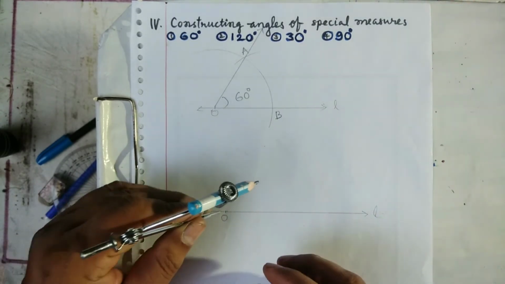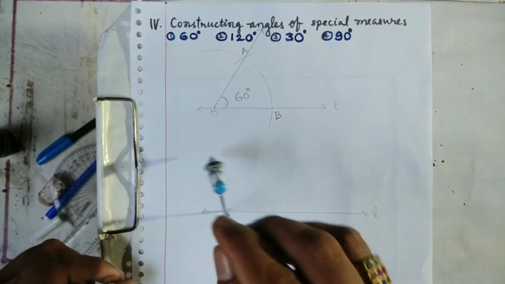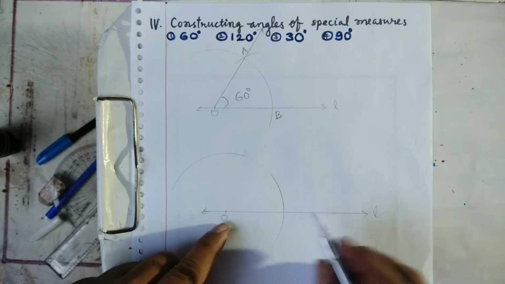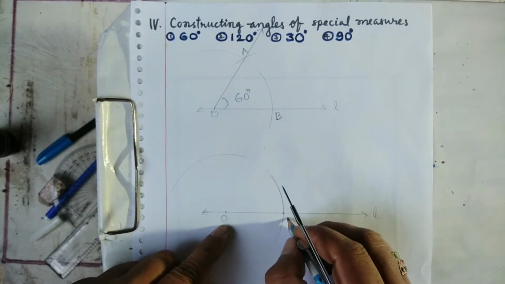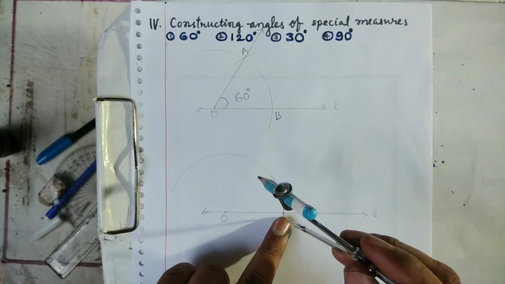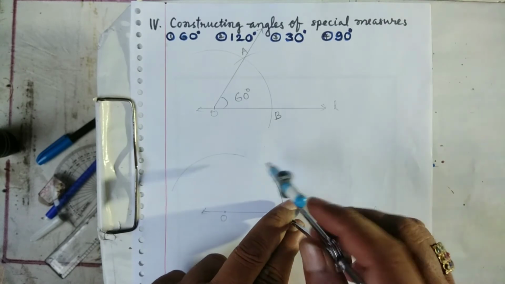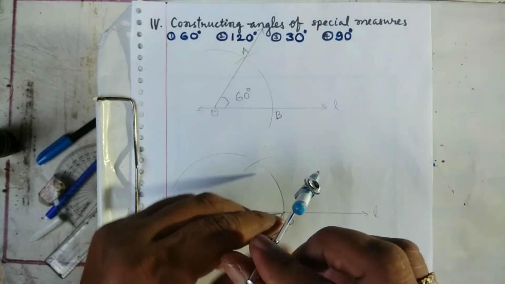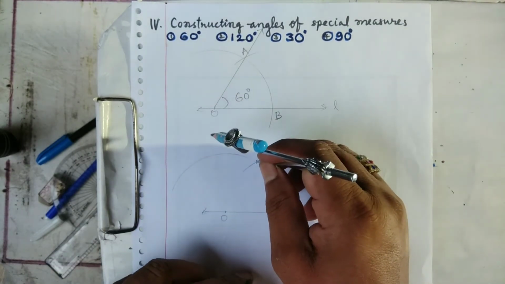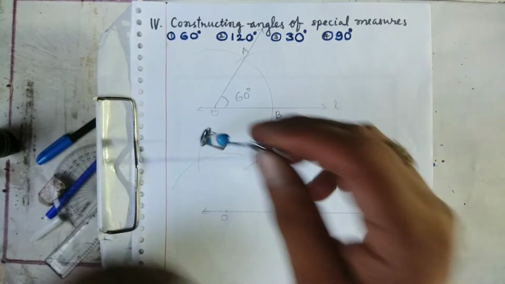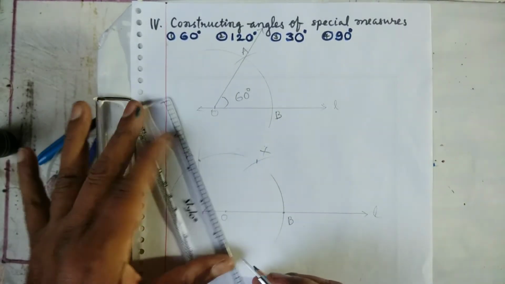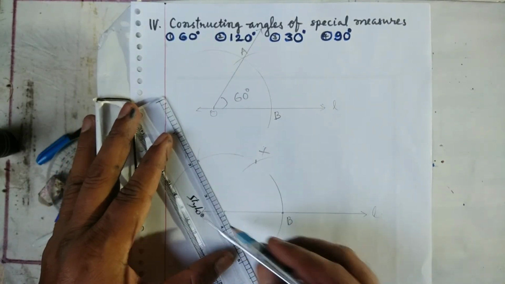O as center, draw an arc with convenient radius, a big arc, cuts line L at B. Again B as center with the same radius, cut this existing arc at X. Now X as a center, cut again this arc at point A. Now draw OA ray.